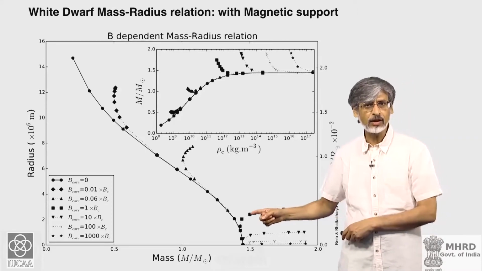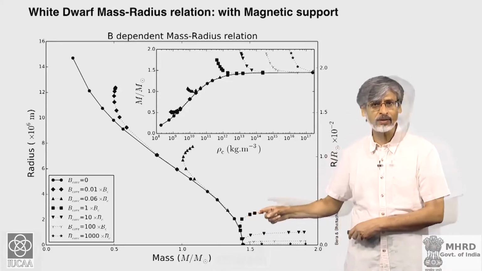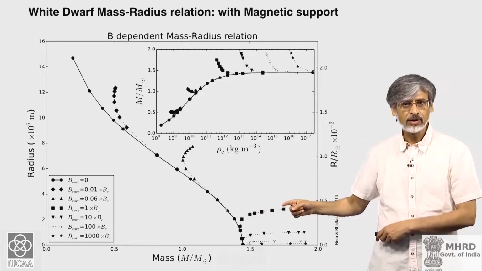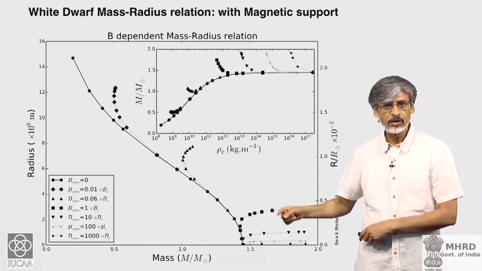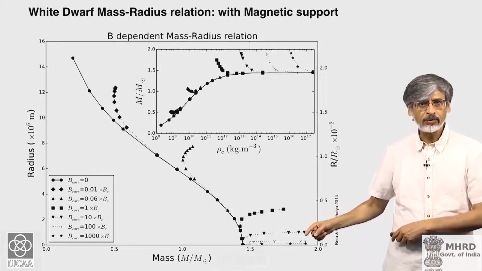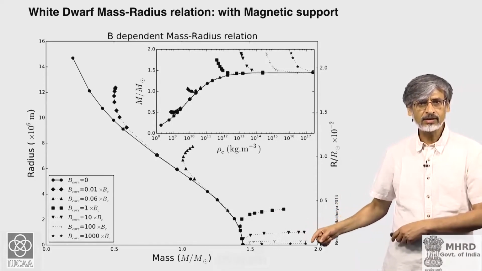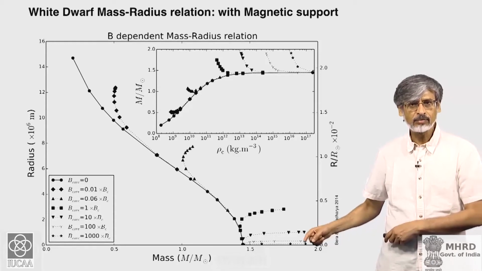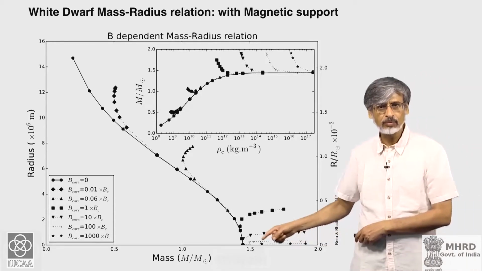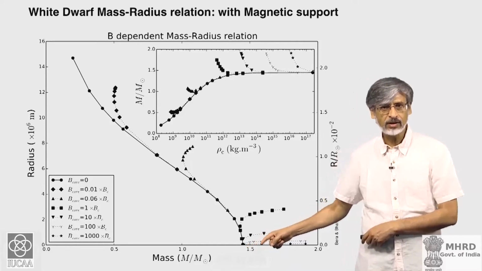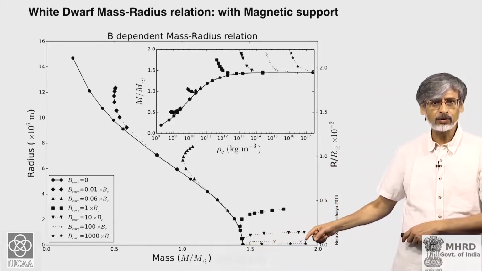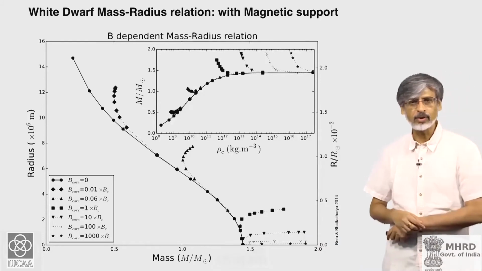Each line here corresponds to a fixed value of the magnetic field in the core, and as you can see, the very strongest magnetic fields that one can use have increased the maximum mass from 1.4 solar mass to a significantly larger value, about 1.9 or a little above 1.9 solar mass.